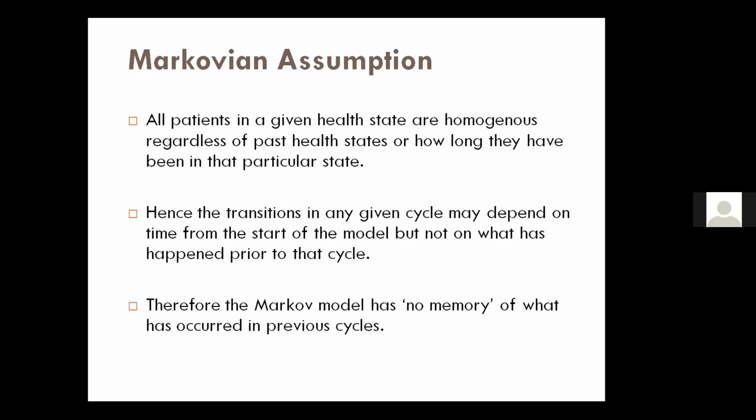Somebody has diabetes, somebody doesn't, and accordingly they would have different states. No. When we are taking probabilities, we are assuming that all are homogeneous. So what happened prior to that cycle, when we consider t equal to 2, what happened at t equal to 1, is usually not considered in this model. That is the assumption. That's why the Markovian model is also called a memoryless model, that every cycle is independent of another cycle.